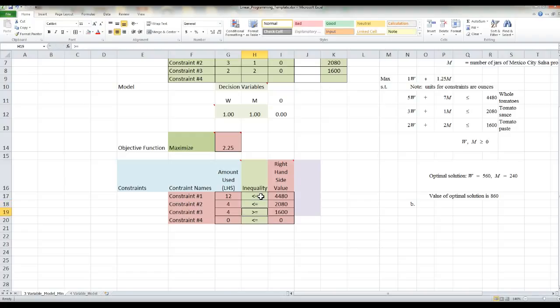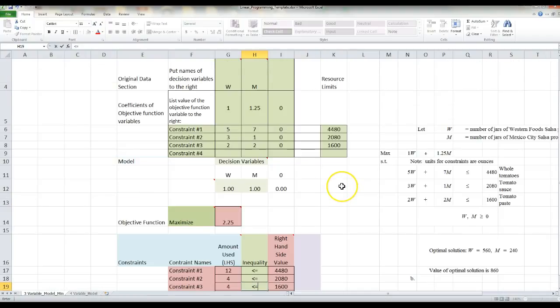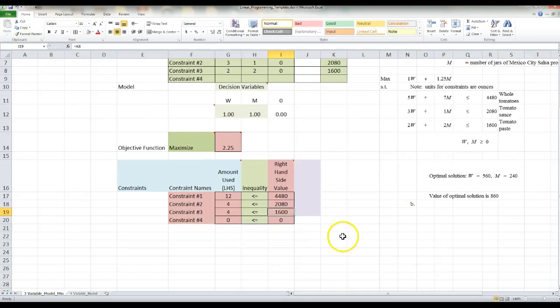It's just a reminder to me of what the relationship is when I set up the problem in the Excel linear programming solver function. And for the right-hand side, I typed in equal sign K6 so that it pulls whatever I type in up above in K6 and places it in that cell. And I do the same thing for each of the resource limits. That way I don't even have to retype them.